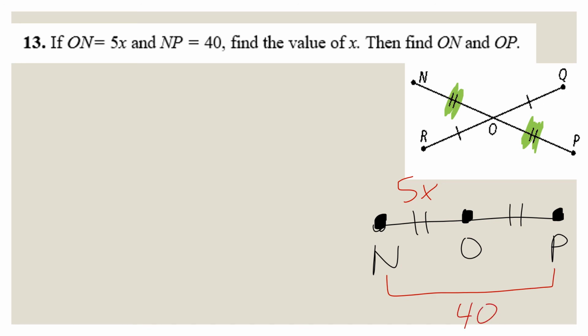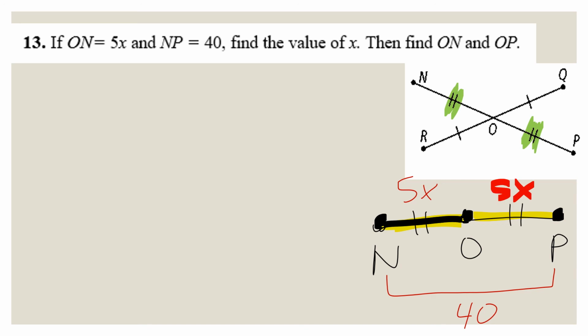So think about math here, guys. If ON or NO, however you want to say it, is congruent to OP, that means that the measure is the same. Now you can do this a couple different ways. So if ON is 5x, that also means that OP is 5x.